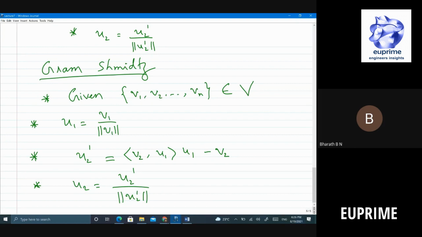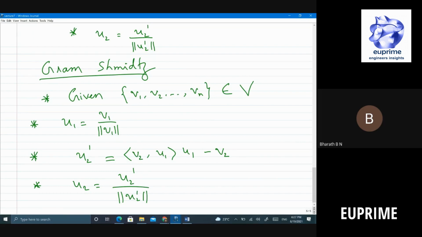So what is the third step? Now things will change. You have two vectors, u1 and u2, which are orthonormal. Now I have to come up with a third vector which is orthogonal to both. So how do you do that? What is it that you will do?